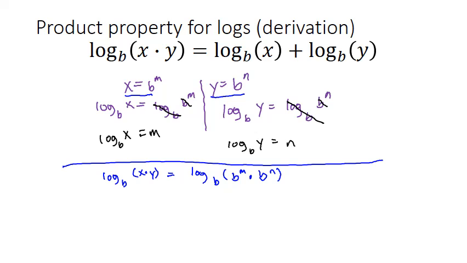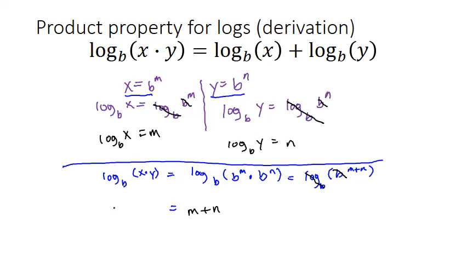Our product property says that we can just add the powers if we're multiplying and the bases are the same. So this is like saying log base b of b to the m plus n. Again, the log base b and the base b are going to cancel each other out. So we're just left with m plus n.